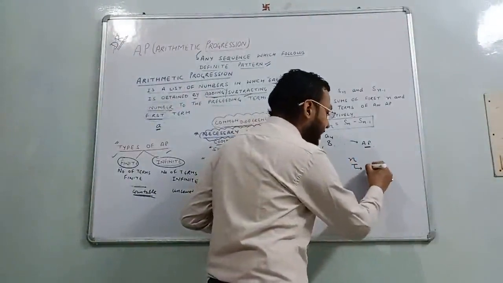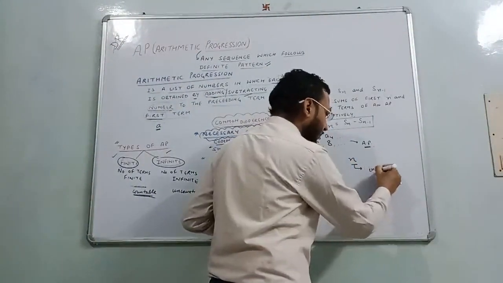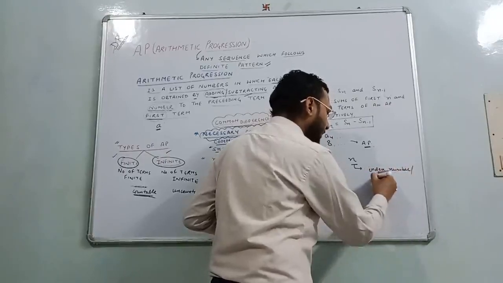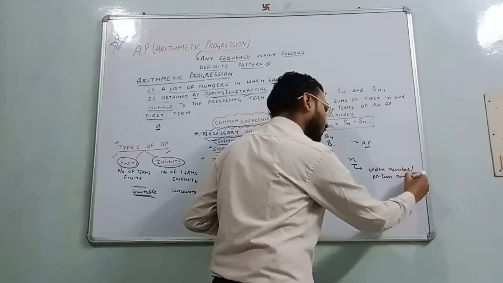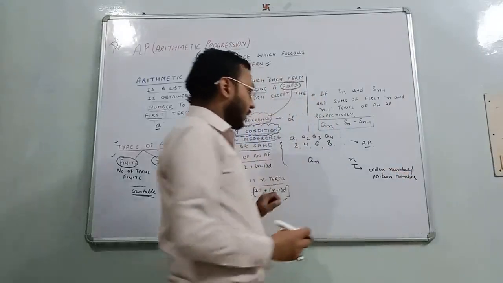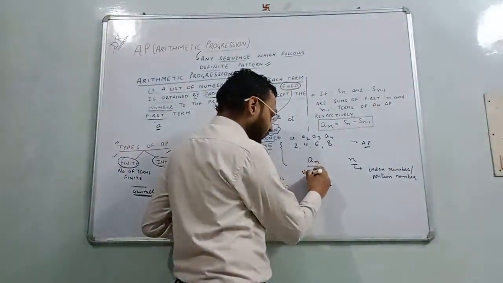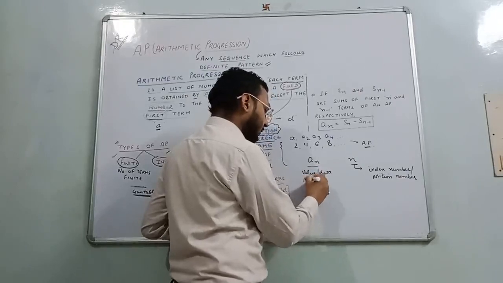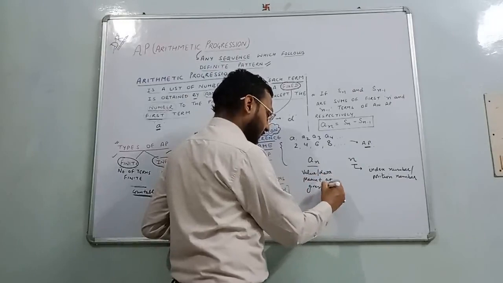Here n means index number, or you can say position number. Here an represents the value, or you can say the data present at the given index.